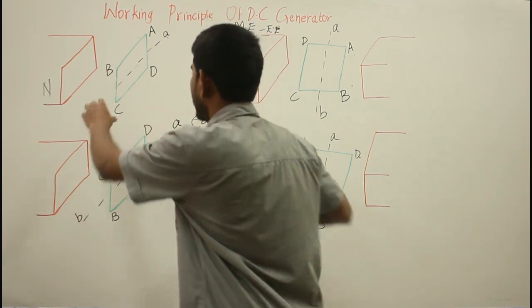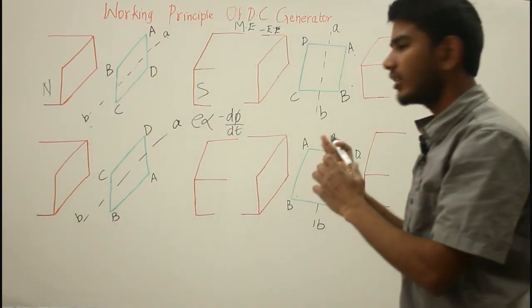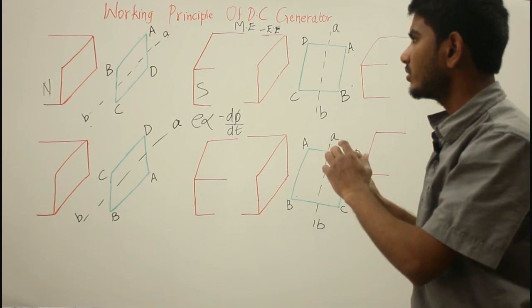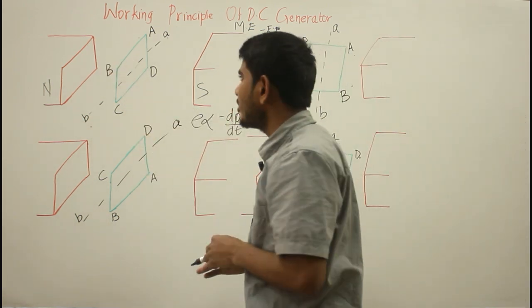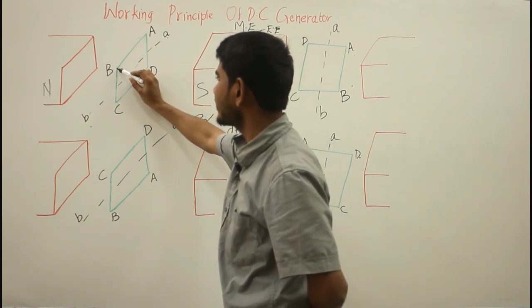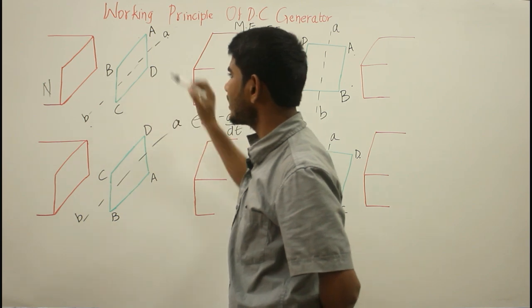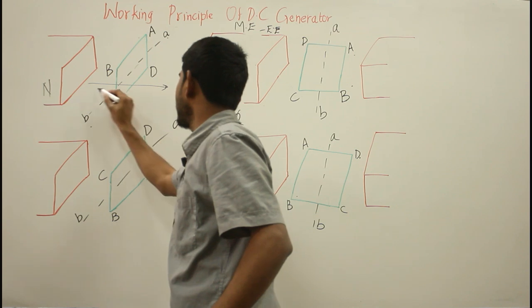From a 3D point of view, the loop appears in a vertical position, and at this position the tangential motion of the conductors AB and CD is parallel to the magnetic flux lines.